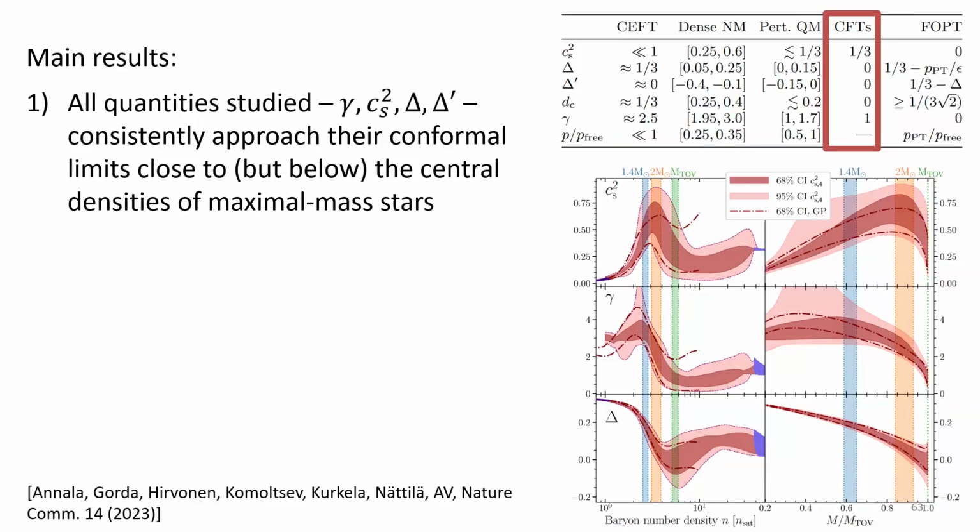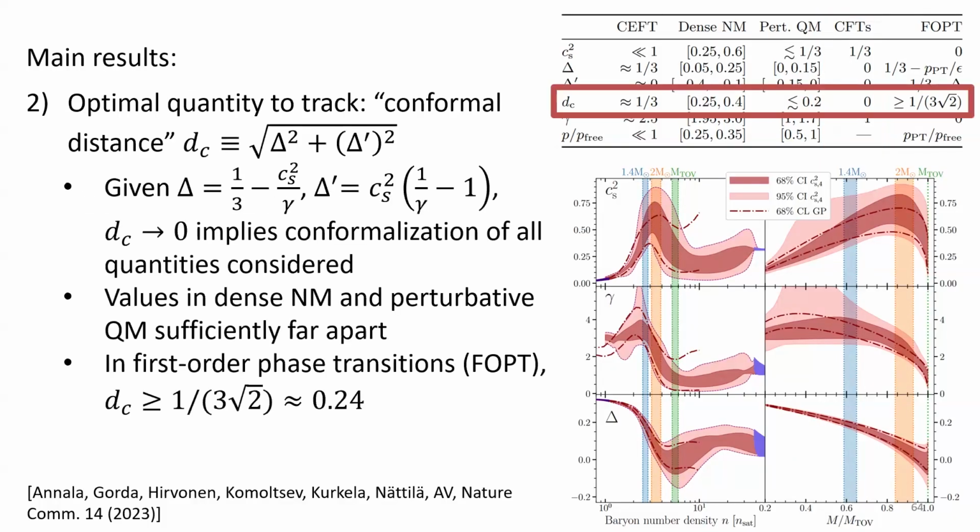So you can see from here, this is the baryon number density, and here are the centers of 1.4 solar mass neutron stars, 2 solar mass neutron stars, and maximally massive neutron stars, and you can see that our 1 and 2 sigma error bars are very nicely centered around the conformal value for c_s^2, the same for gamma around unity, and same for delta around 0.